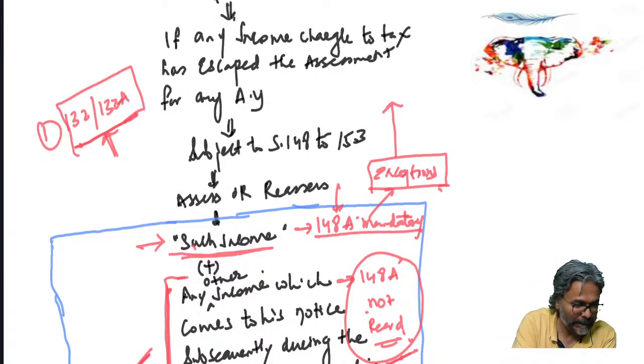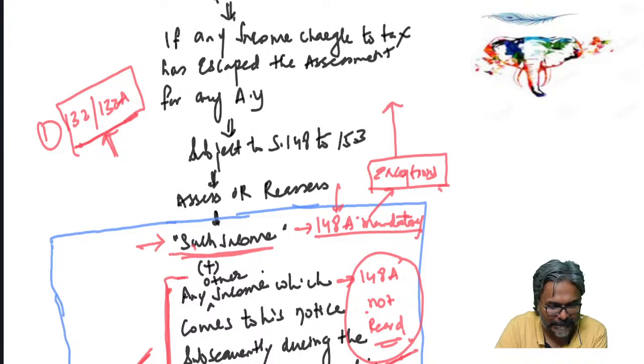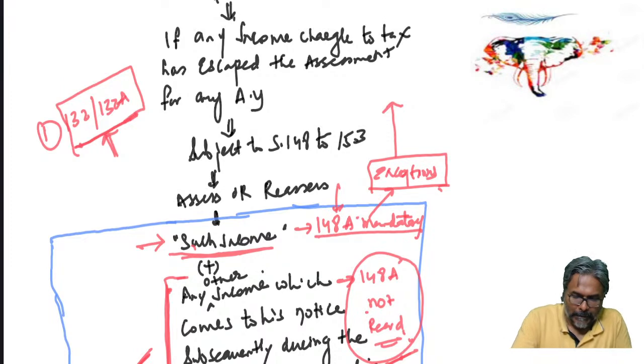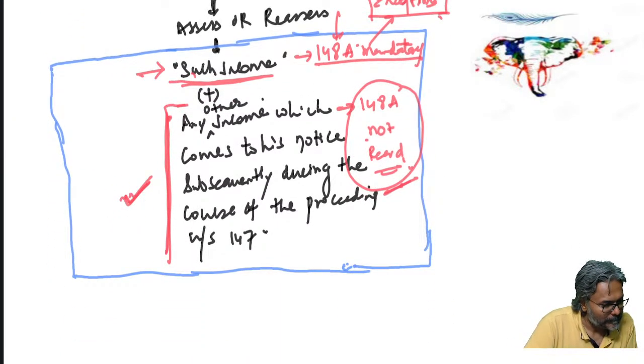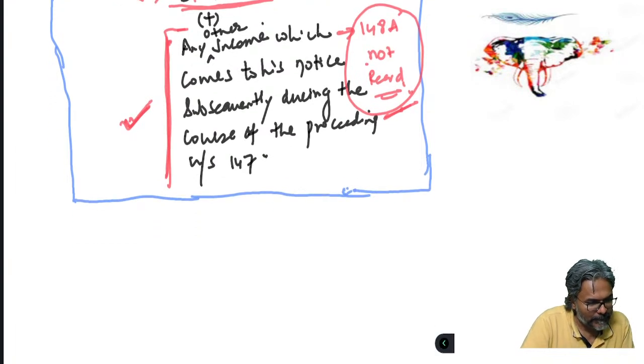Now students, the next question is about, in this context, very importantly, this particular situation would be there.